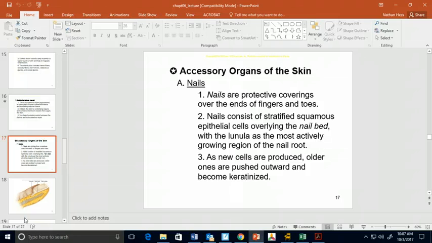Sure, can you use them for scratching? Absolutely, that works great. But the main piece is that they are protecting the ends of your fingers. Why? Because we're clumsy. We're always smashing things and dropping things and pinching things. Has anybody ever pinched their finger hard? Ooh, you've ripped the nail off.